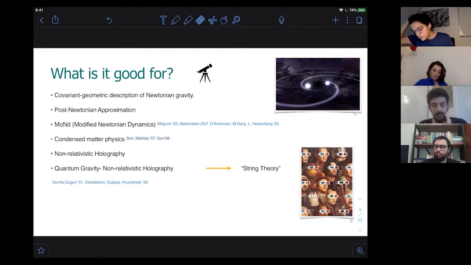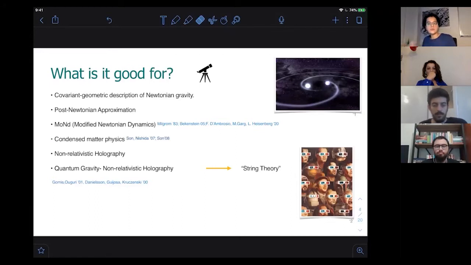Another system is condensed matter physics. In condensed matter physics, non-relativistic conformal theories arise, and one of the aims there is being able to manage strongly correlated systems.